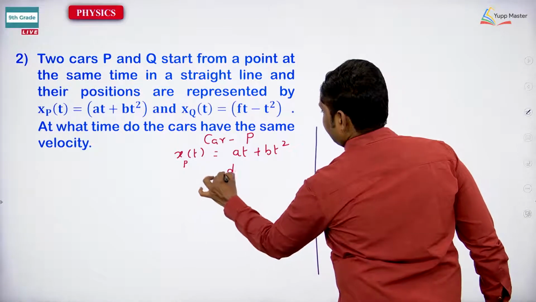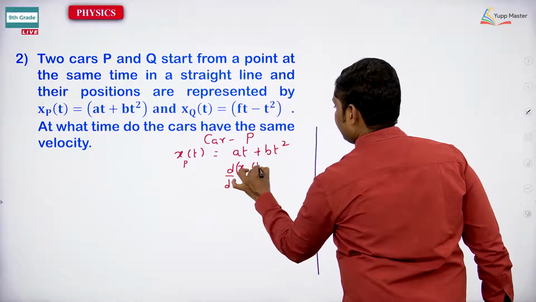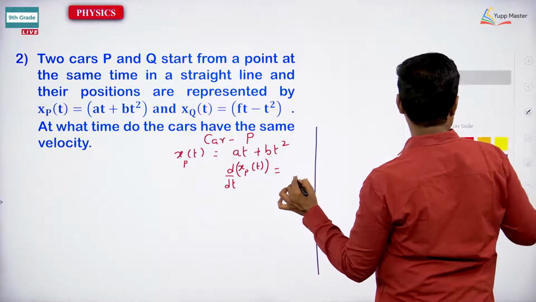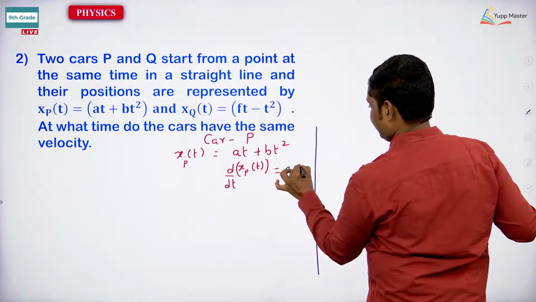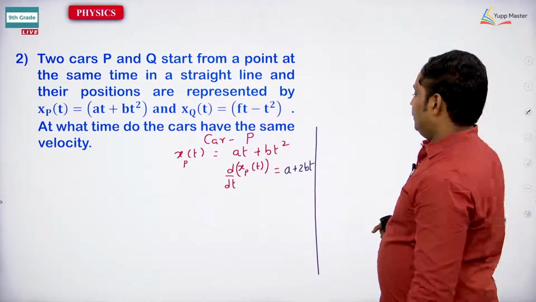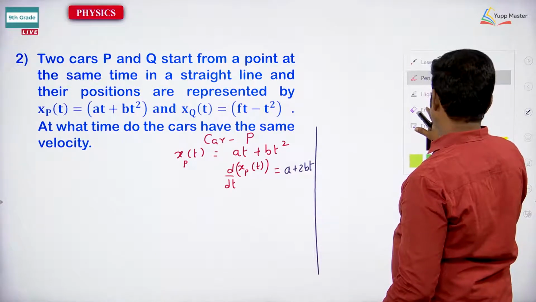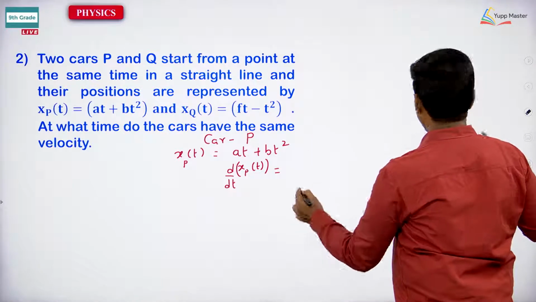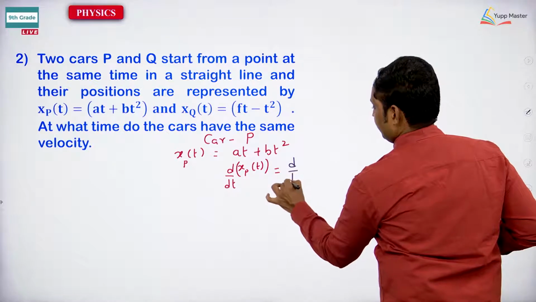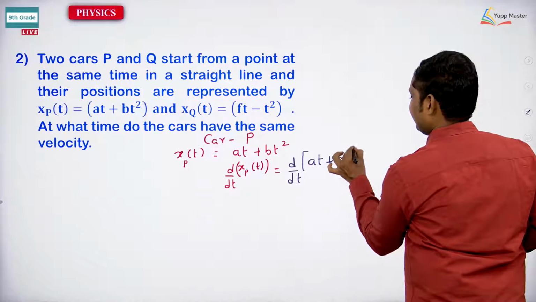Now, you will find that d by dt of x of P in t is equal to a plus 2bt. Very clear. So, if you want, I can write here for clarity, that is d by dt of at plus bt square.